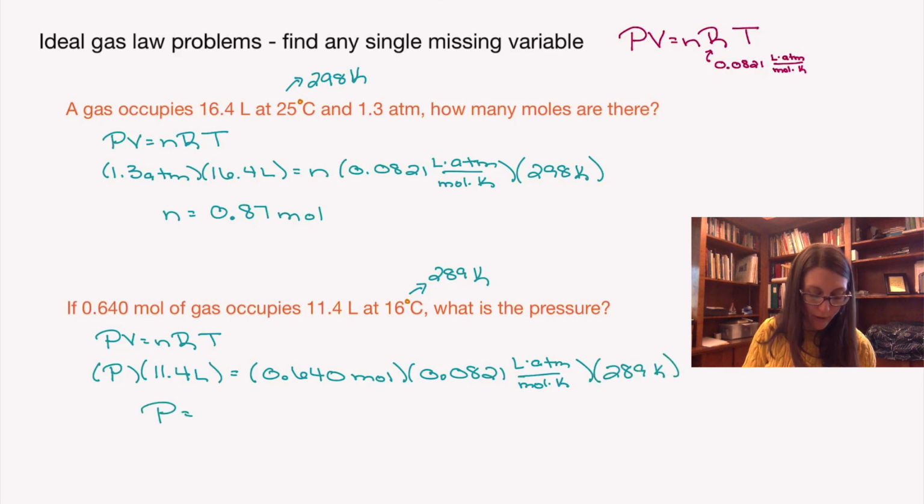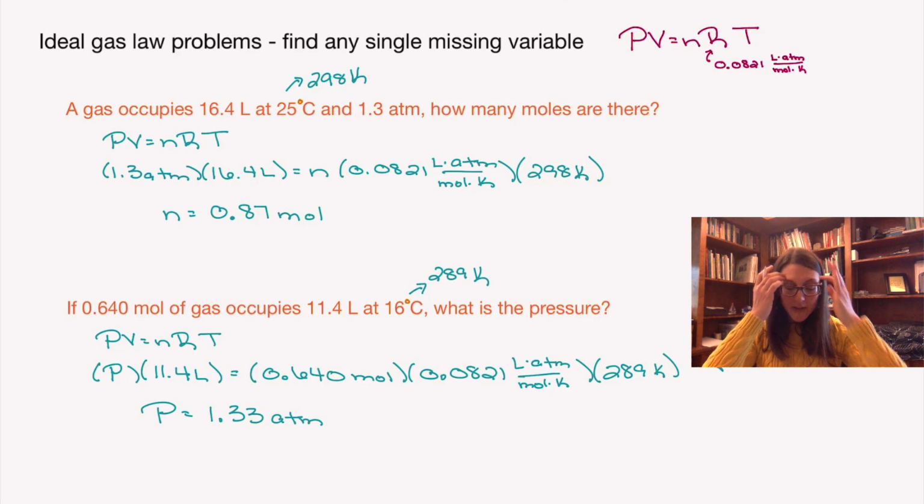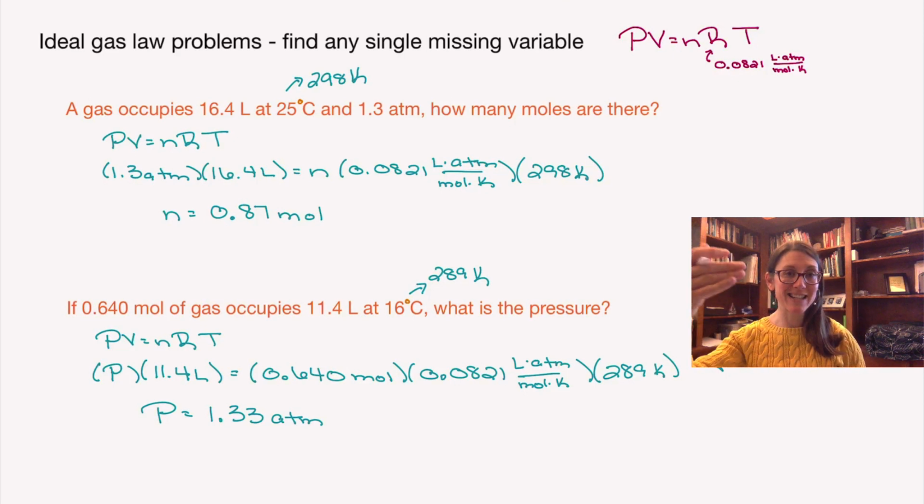When I solve for pressure, I'll need to divide both sides of this equation by 11.4, and I get 1.33 atmospheres for my pressure. Here I get 3 significant figures because in the equation, when I was using it, I had 3 significant figures. The temperature does have 3 significant figures because when we added 16 to the 273, the last shared decimal place was the ones place, so I do have 3 sig figs here.